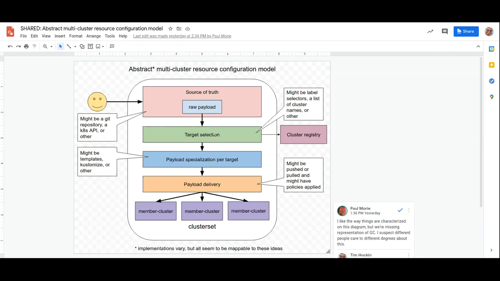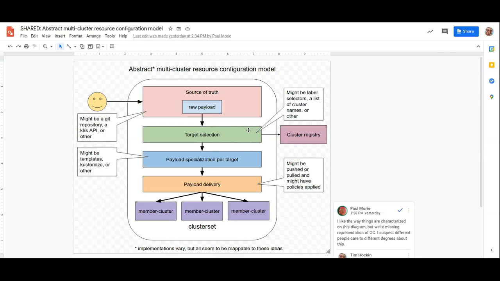Then there's some target selection heuristic, whether that's label selectors on a set of clusters in some look-aside registry, or some other database query. It doesn't really matter. None of these things are independently mutable. They're part of a stack.